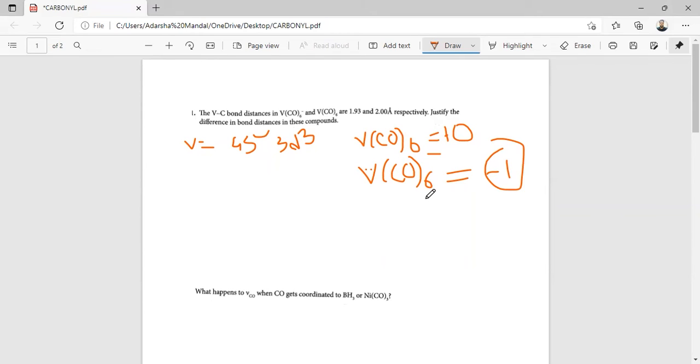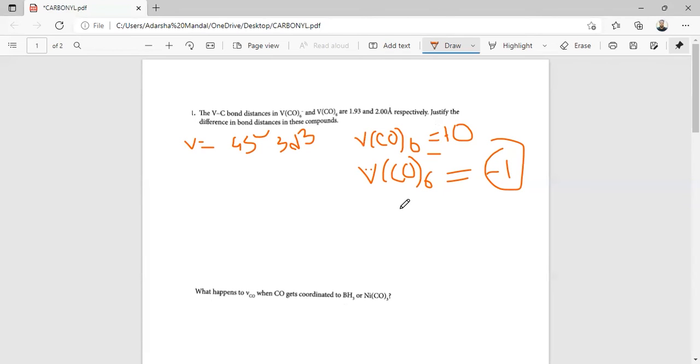So from the previous class we know that if the metal has more electron density, then there is more back donation from the metal to the carbonyl pi star orbital. So in the case of V(CO)6 minus, there is more electron density, so it will favor more back donation to the carbonyl pi star orbital compared to the V(CO)6. So the vanadium carbon bond order will be increased.